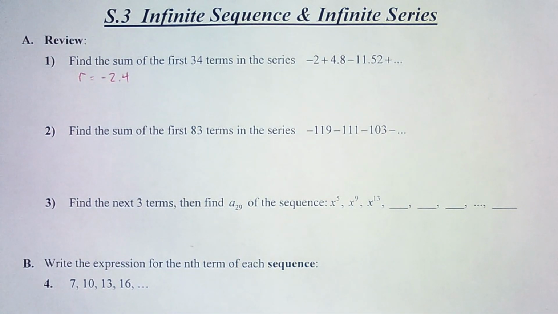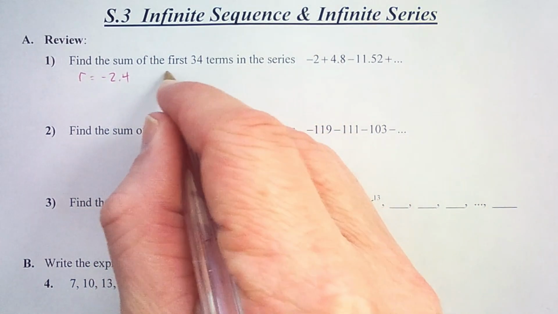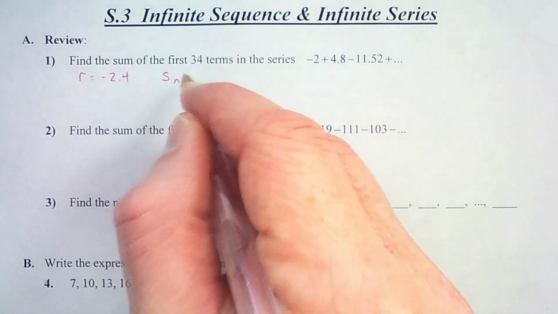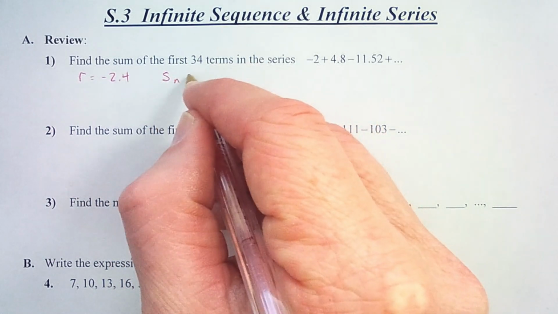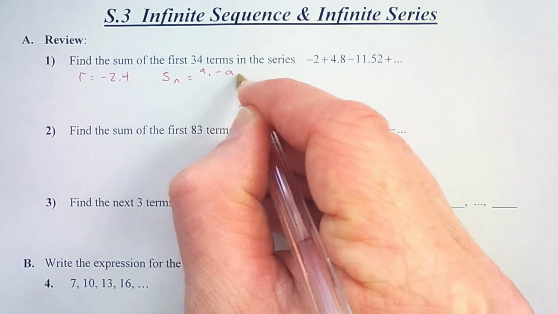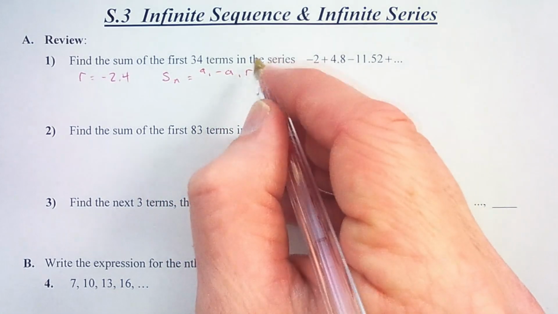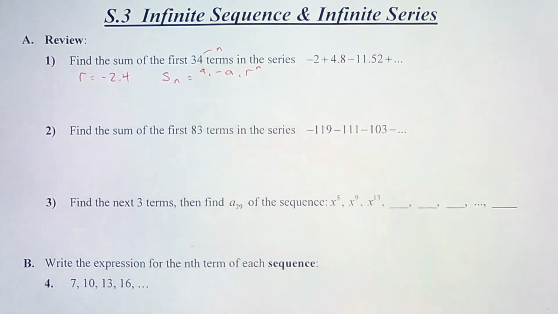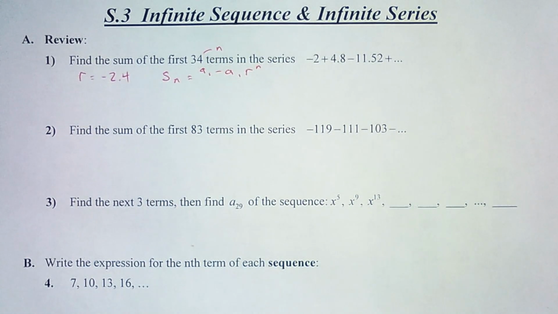Okay, so to find the sum of the first 34 terms of a geometric series, we'll use this formula. The sum of the first n terms is a sub 1, so that's term 1, minus term 1 times the common ratio to the nth power, and 34 is n because we're finding the sum of 34 terms.